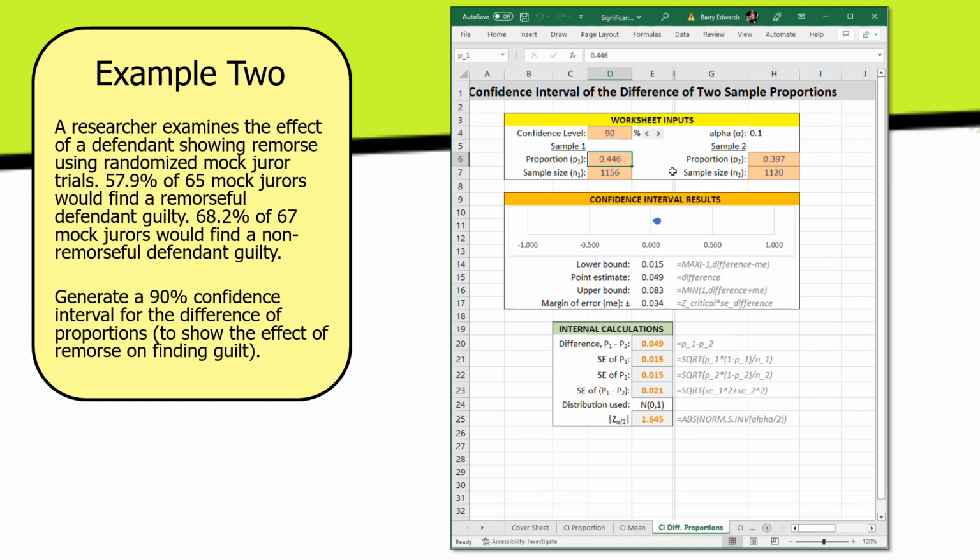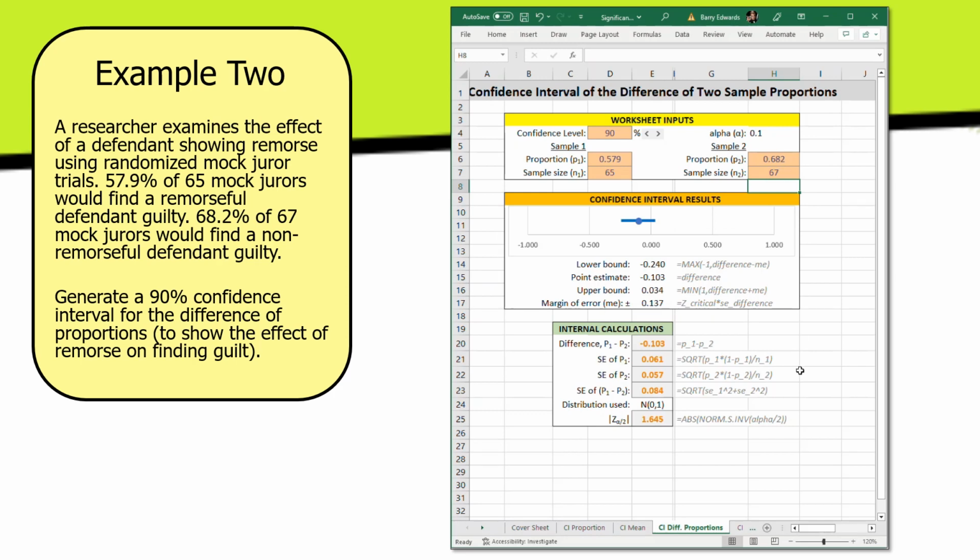The problem gives us a percentage, so I'm just going to move the decimal point over to input. This is a proportion of 0.579. Smaller sample this time. This sample is based on 65 mock jurors. The second sample, the non-remorseful defendant, is found guilty 0.682 of the time with a sample of 67 mock jurors.